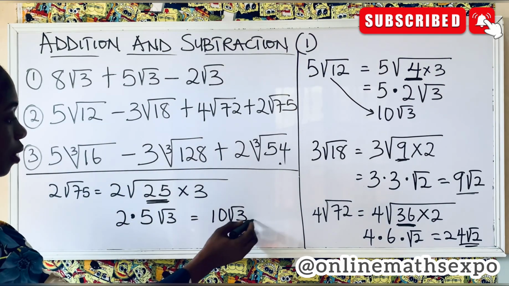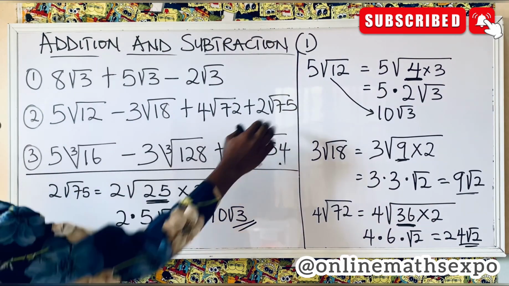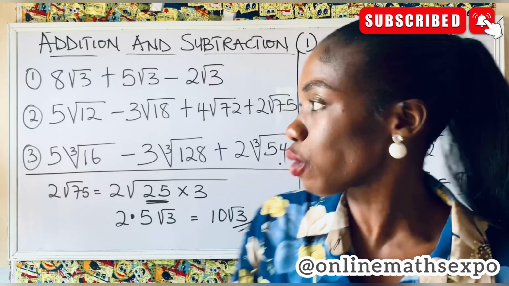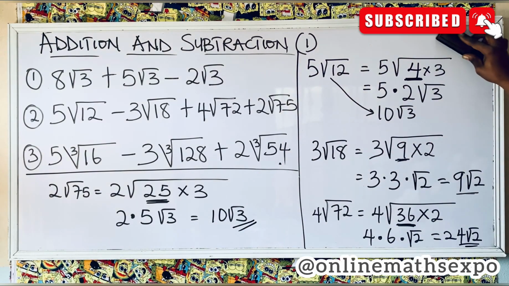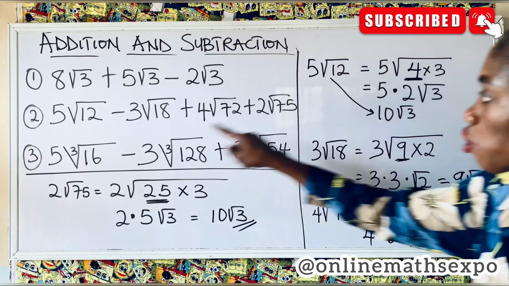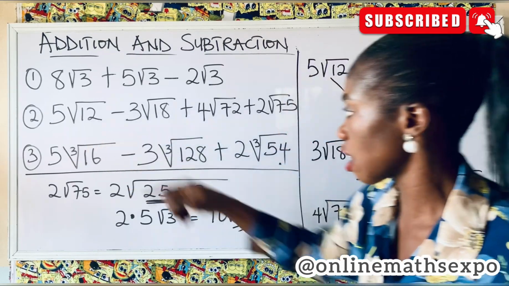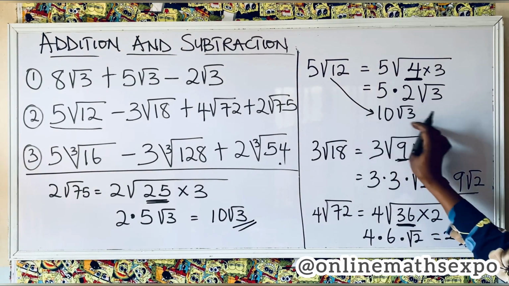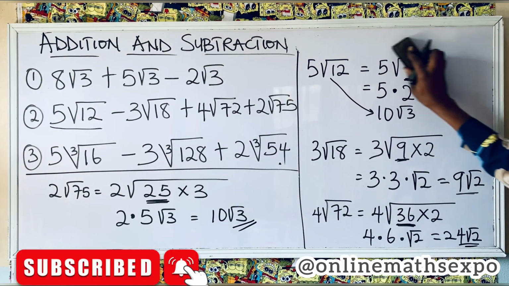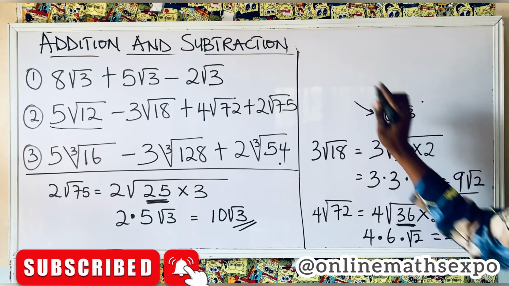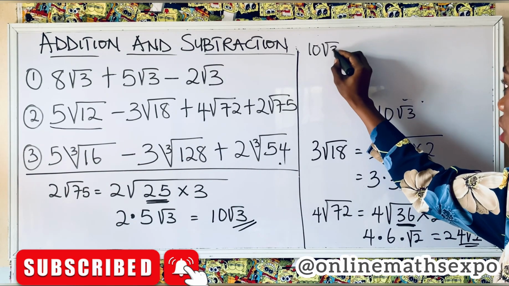So you have seen we've been able to simplify each of these. Now what you will do next is to gather them together. And to do that, see what we are going to have. For 5 root 12, what did we get as our answer? This is what we have as an answer. So we're going to replace everything now. Instead of writing this, I'm going to replace it with 10 root 3.